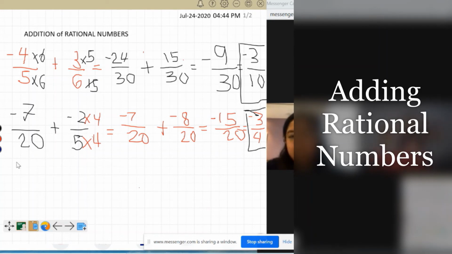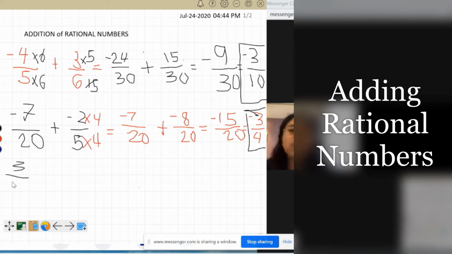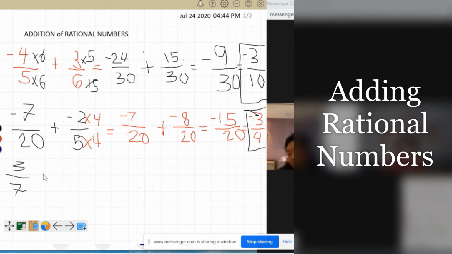Okay, another one. What if we have, can you give me a fraction? Okay, let's say 3 over 7 plus a negative 5 over 3. So what are we going to do here?